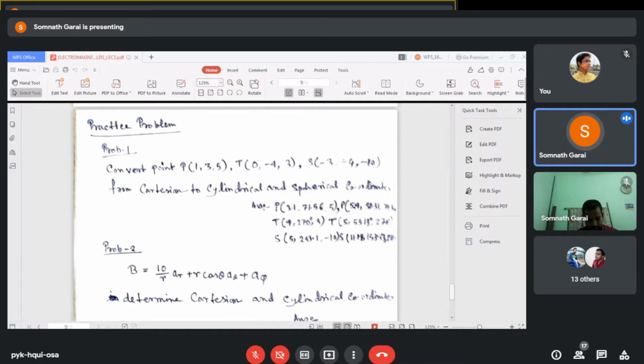Value of Q: 4, 270 degrees, 3. Okay, very good. Value of S: S is equal to 5, 233 degrees, 10. It is degree.